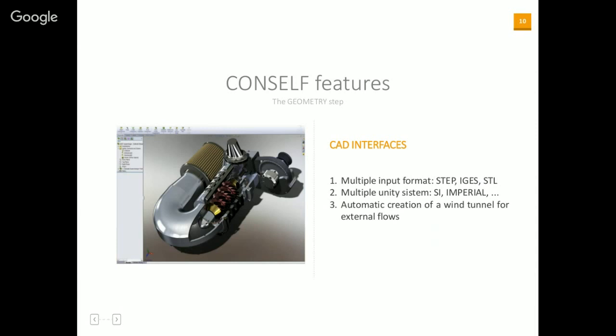About the geometry one, you can upload your model in STEP, IGES, and STL format with both international system and imperial units of measure. We can also allow you to automatically create a wind tunnel for external flow, such as external vehicle aerodynamics.